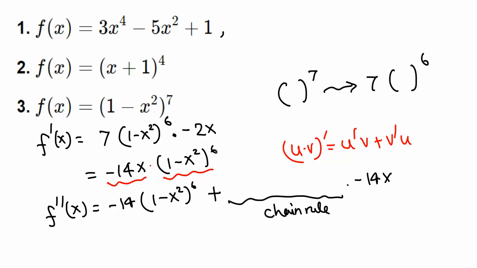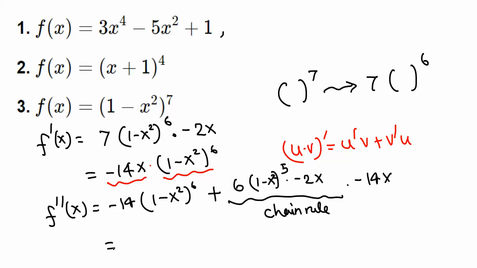Something raised to 6, it's like when we found the first derivative, something raised to 6 using the chain rule, 6, that's something raised to 6 minus 1 is 5, that something is 1 minus x squared, times from the chain rule derivative of inner function, derivative of 1 is 0 minus derivative of x squared is 2x, so minus 2x.